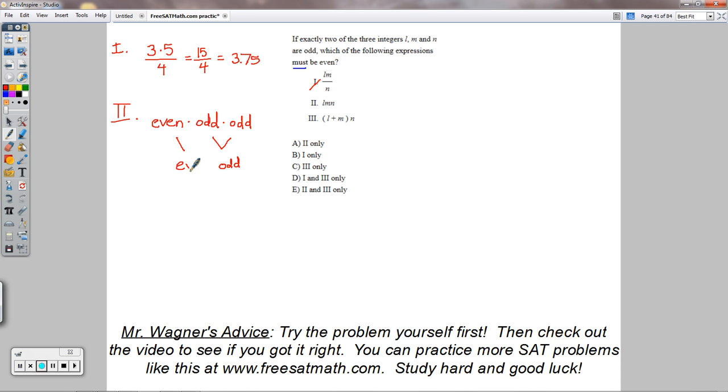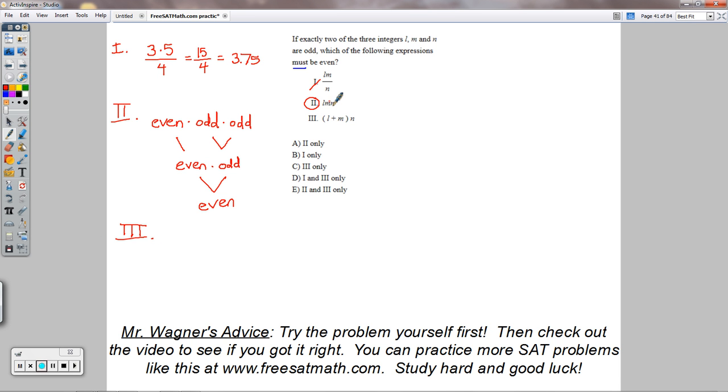And if you take an even number times an odd number, you'll always end up with an even number. So 2 seems like it always works. Even times an odd, it's always going to be even, because an even number is going to have a factor of 2, and the factor of 2 when multiplied by an odd number will always wipe out the oddness of it, I guess you could say.